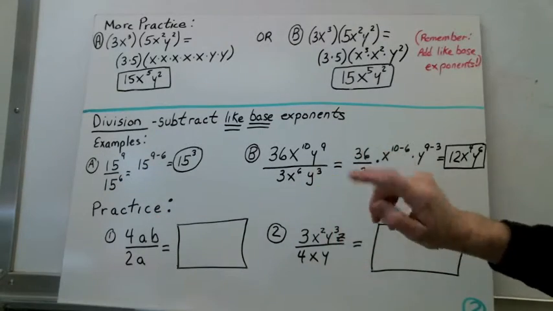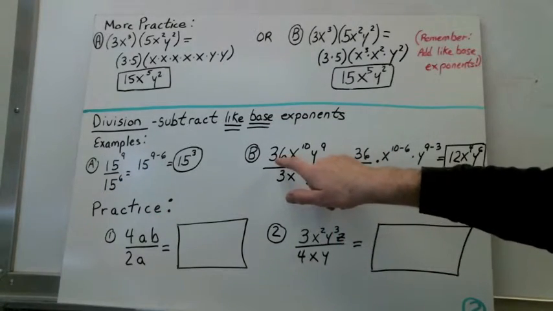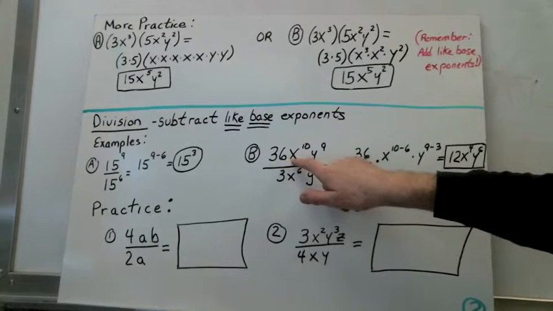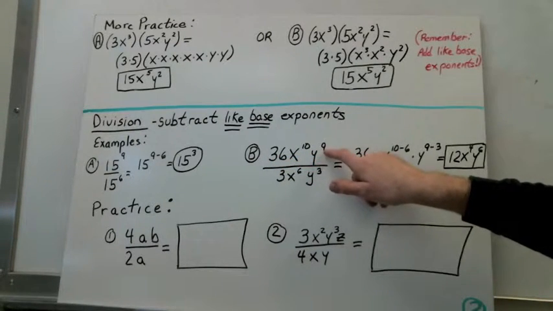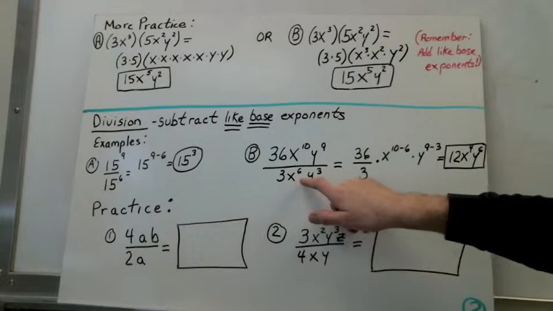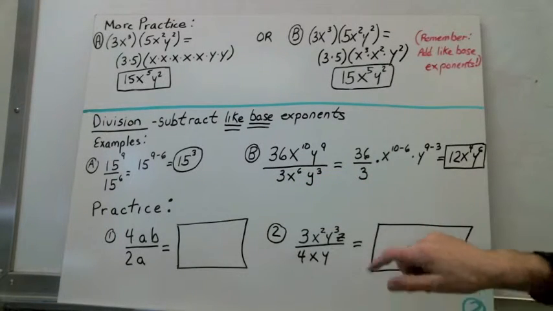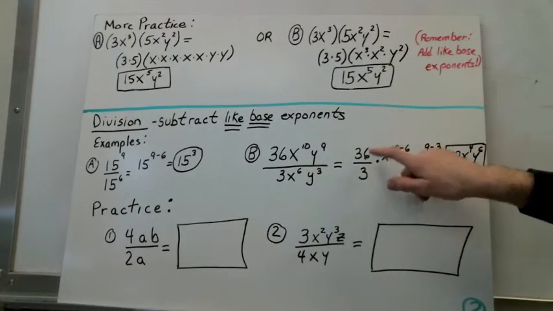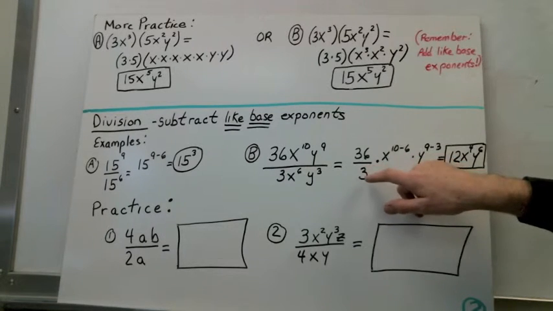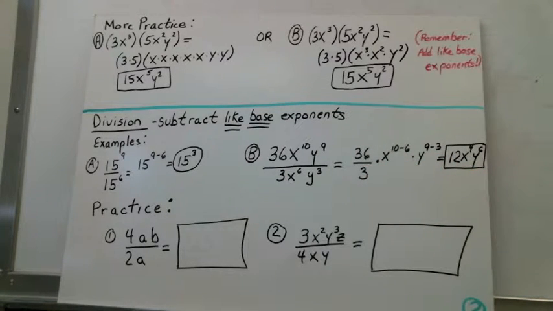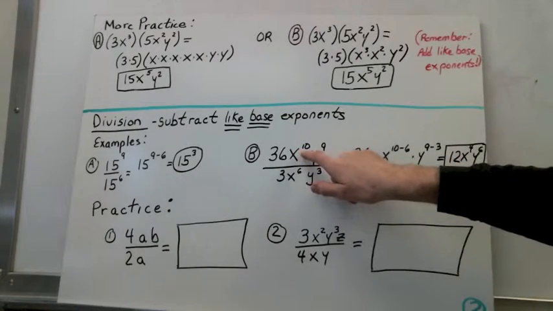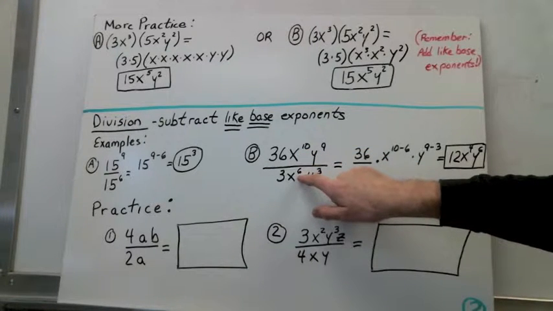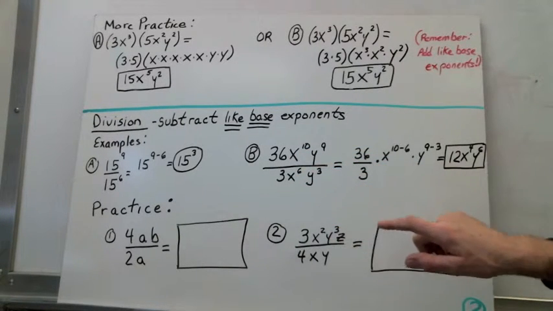Take a look at this monomial here. It's truly one term. 36x to the 10th, y to the 9th, divided by 3x to the 6th, y to the 3rd. Well, we are going to take our numerical part. They're different, so we're going to divide that. And we know 3 goes into 36 12 times. But now we have x to the 10th and x to the 6th. They are like terms, so we can subtract.